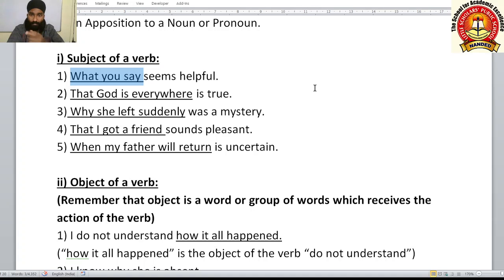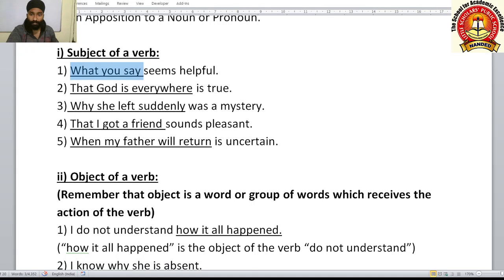Your pen seems helpful, but here a group of words, what you say, what is the conjunction, you is the subject and say is the finite verb here. So this is coming here as the subject of this seems, the main verb. So this is acting as the subject of the verb. So this is a noun clause. This is how we can identify a noun clause, subject of a verb. Now object of a verb.